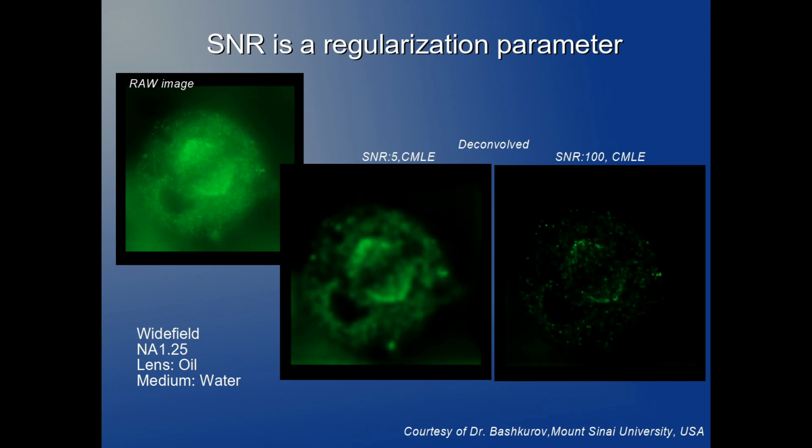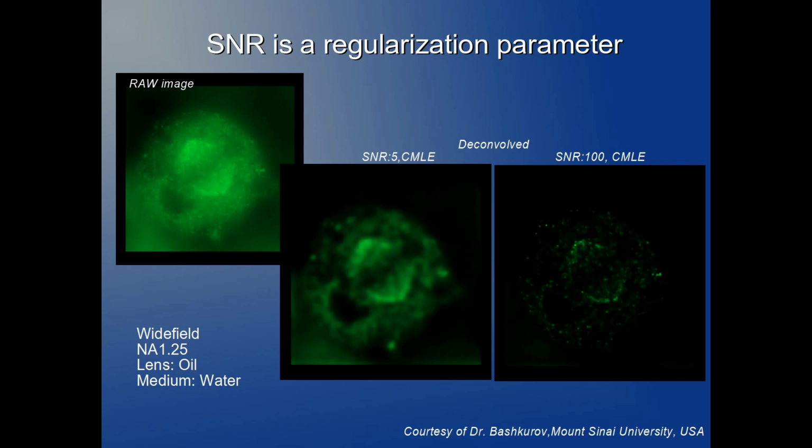This will cause Huygens to smoothen the result to get rid of the noise while still trying to maintain the signal present in the data. When using a high SNR value, in this case 100, you are telling the software that there is lots of signal present and low or no noise at all, and this will end up in a much sharper result.